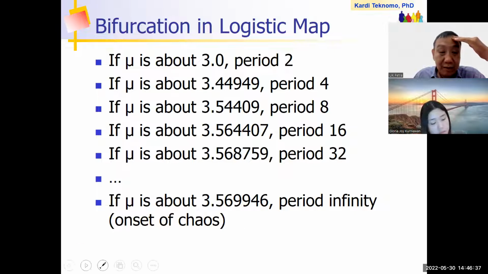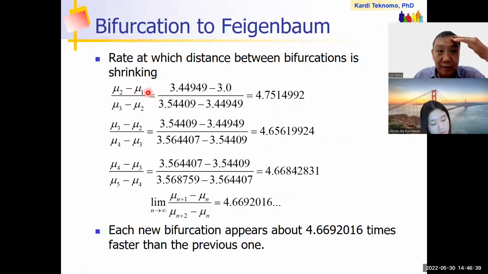So then he did this. What he did is just take the difference and then take the ratio. This is the distance between the bifurcations, which is shrinking, and it will of course converge to a certain number. That number is now called the Feigenbaum number. You can check in Wikipedia, I guess.